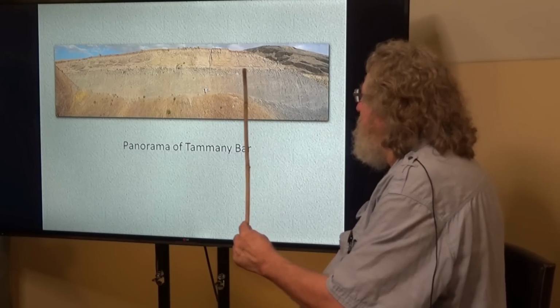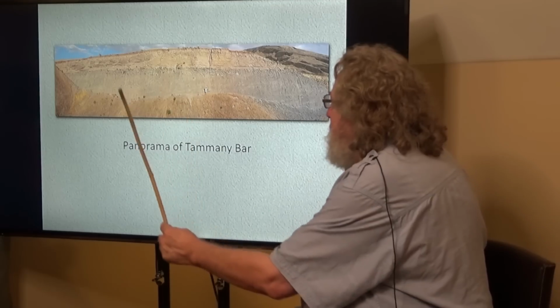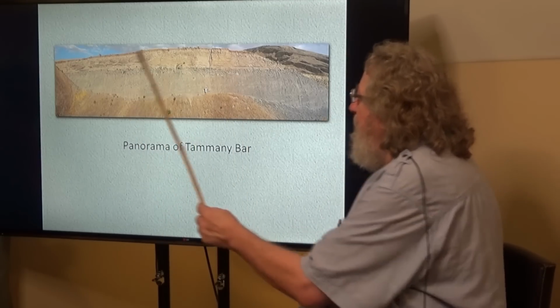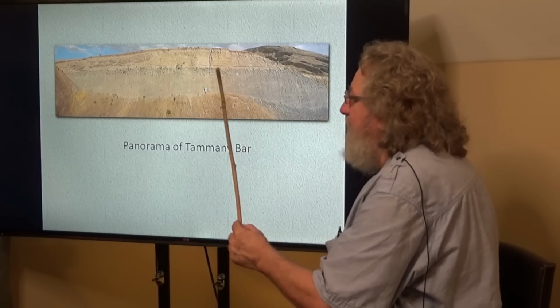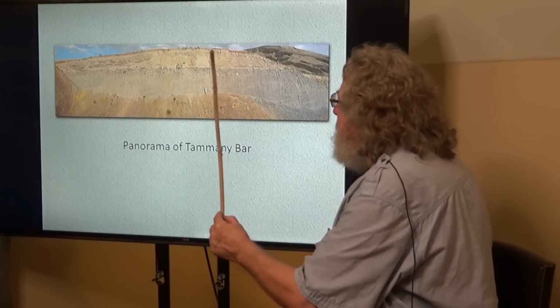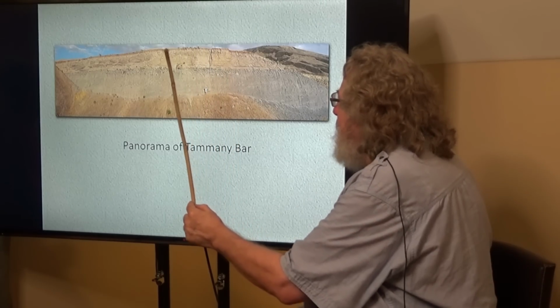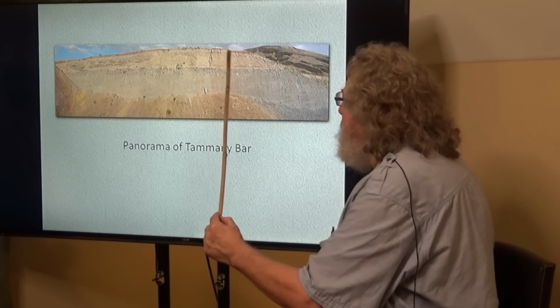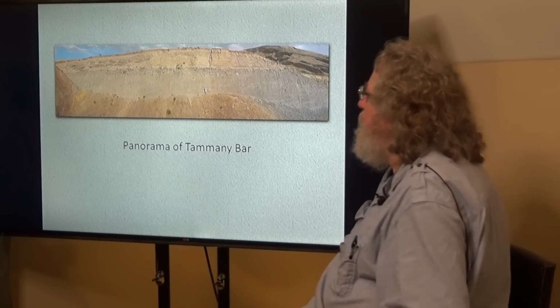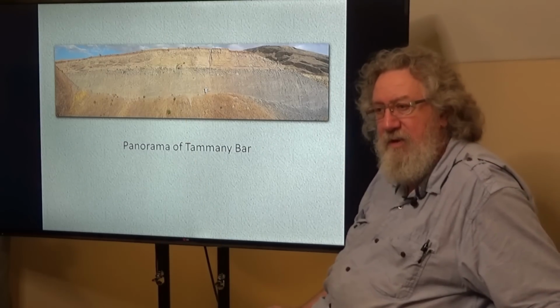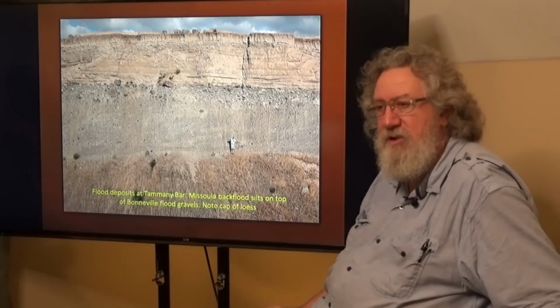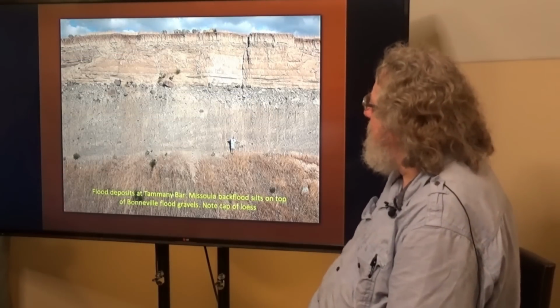Here is the coarse, bouldery gravel deposits of the Bonneville flood, and here are fine backflood silts from the Missoula flood. And then the whole thing is capped by this 5 or 6 feet of loess, which we'll probably do a whole video on at some point, which is a very interesting subject of geology. Two very distinct deposits there.